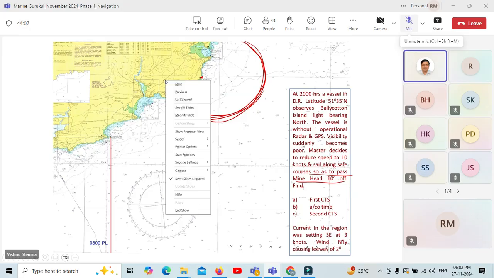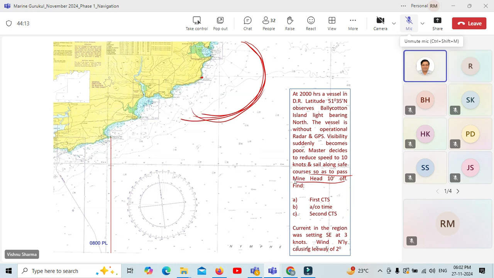Now, you can transfer this PL because it's a suitable PL. It is specially made suitable for the question. You'll transfer this PL tangential to this circle. So guys, if you move along this transferred PL, will you be passing Mine Head at 10 miles off?